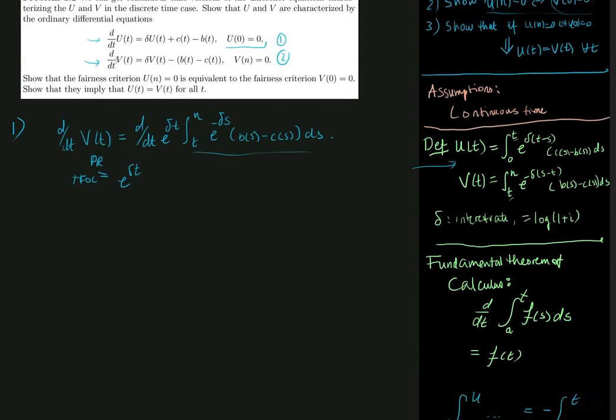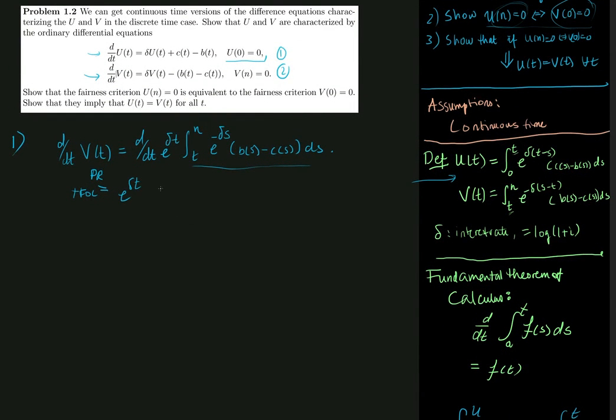So I can use that rule here. And then what I get is just the innards, but with a minus sign. So I have a minus sign and e to the minus delta t multiplied by b of t minus c of t.